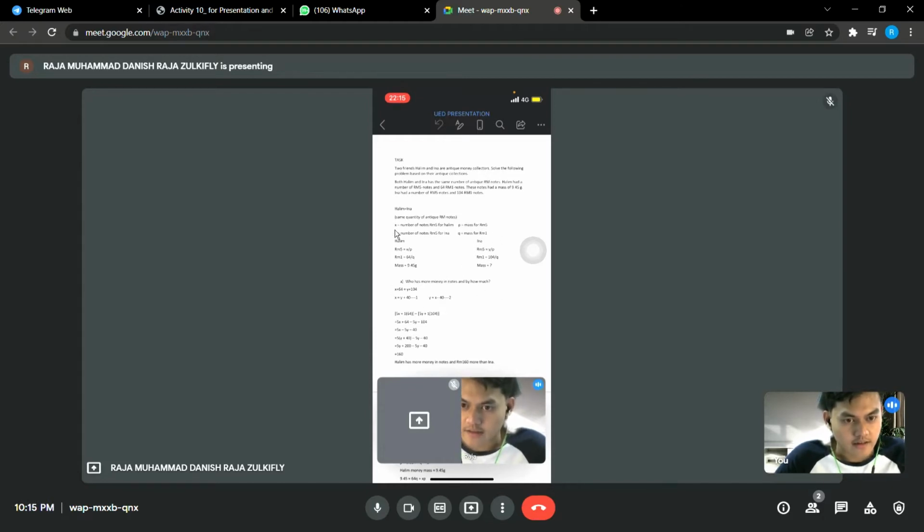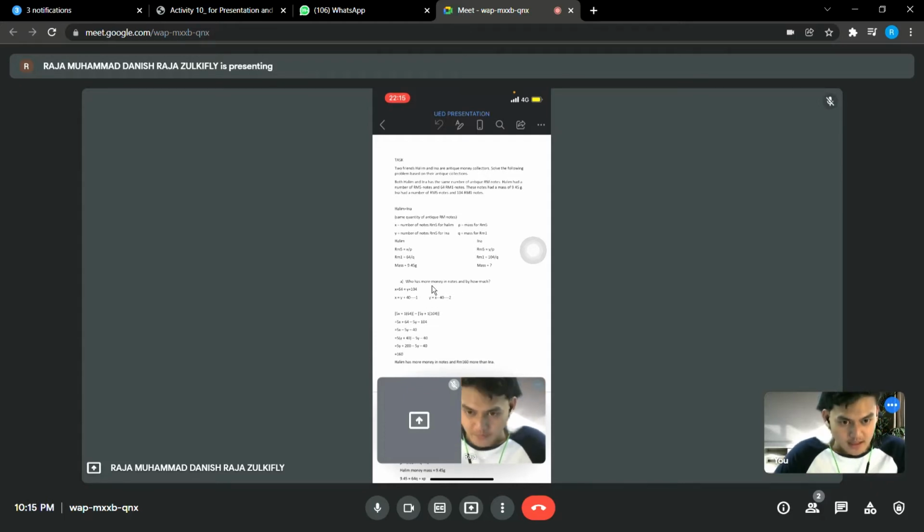So X is the number of RM5 notes for Halim, Y is the number of RM5 notes for Ina, P is the mass for RM5, Q is the mass for RM1. So the question A: who has more money in notes and by how much?